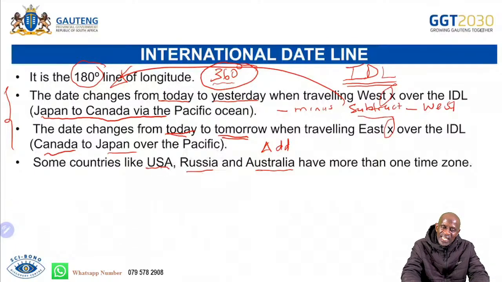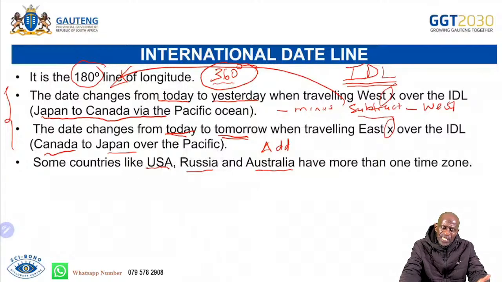So in USA, unlike in our own country, South Africa, where we have only one standard time, the time that is attributed in Johannesburg is the same time that you'll find in Cape Town. It is the same time that you'll find in Polokwane. It is the same time that you'll find in Durban and Bloemfontein.